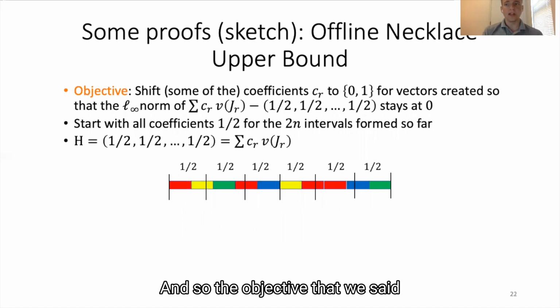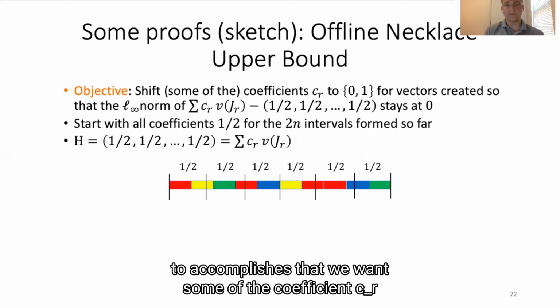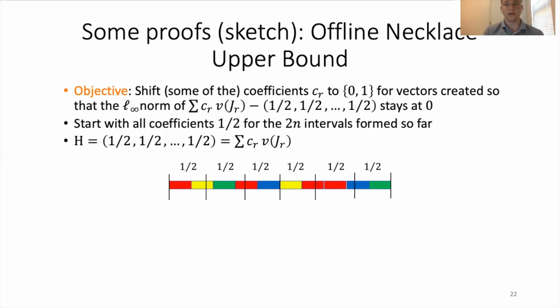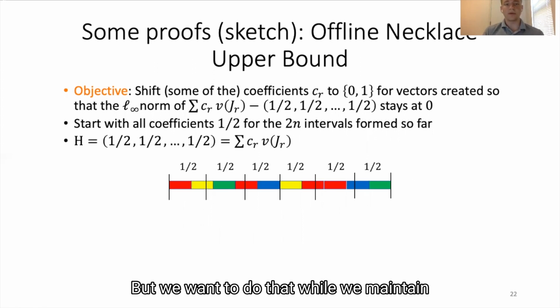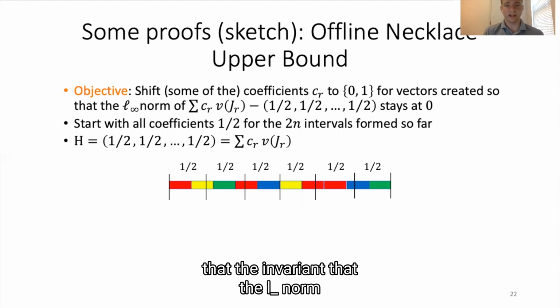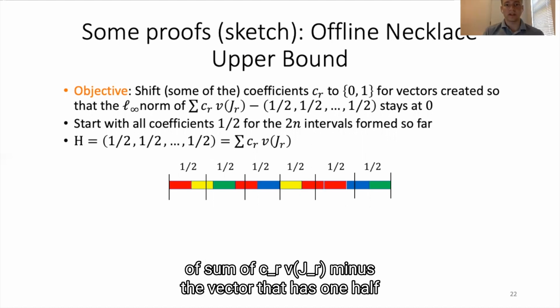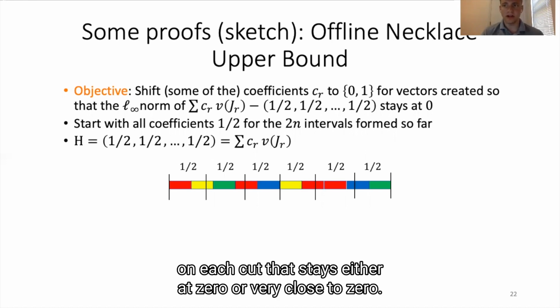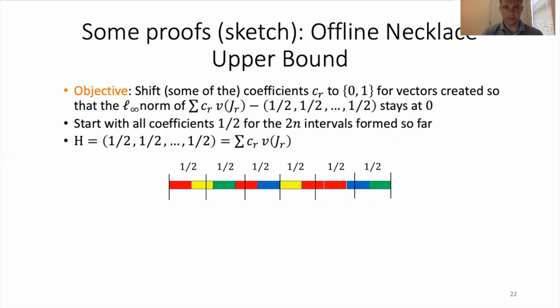And so the objective that we set to accomplish is that we want some of the coefficients CR to go to either 0 or 1. But we want to do that while we maintain the invariant that the L infinity norm of the sum of CR VJR minus the vector that has 1/2 on each coordinate stays either at 0 or very close to 0.